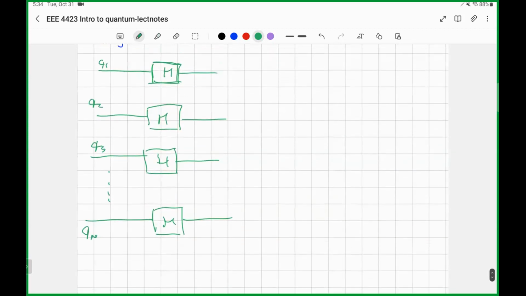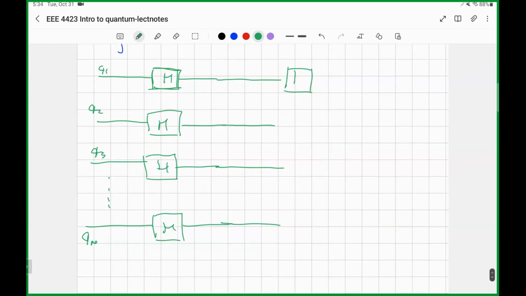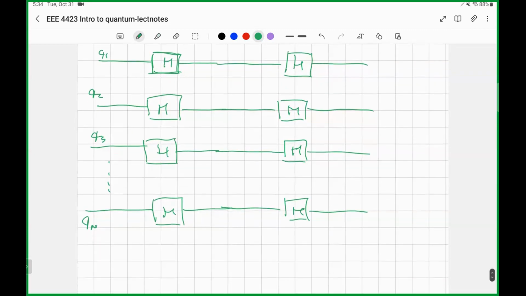Then we do some computation and we close the quantum interference by applying the second set of Hadamards like this.